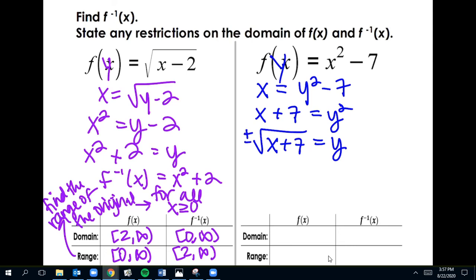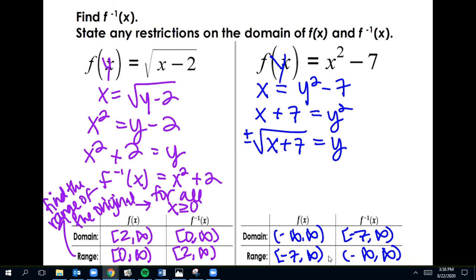And so what we have here is the domain of the original is all real numbers, which makes the range all real numbers of the inverse. And then now our domain of the inverse is -7 to infinity, which is actually the range of our original.